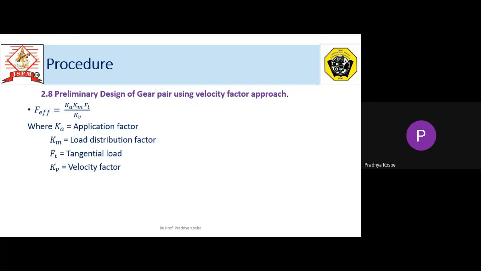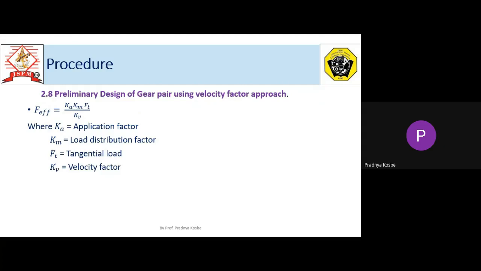So F effective. So the preliminary design of a gear pair is using the velocity factor.